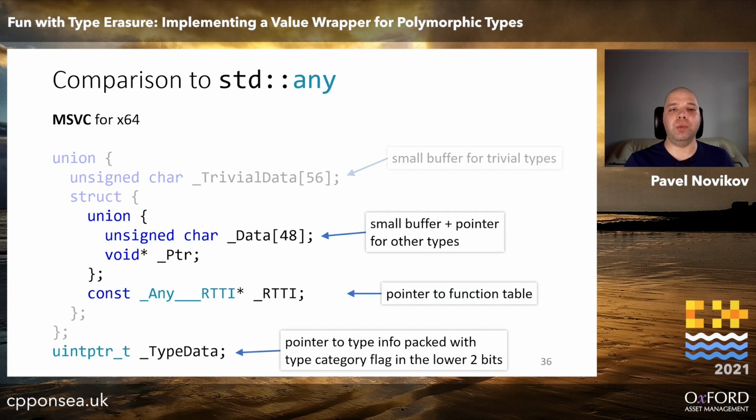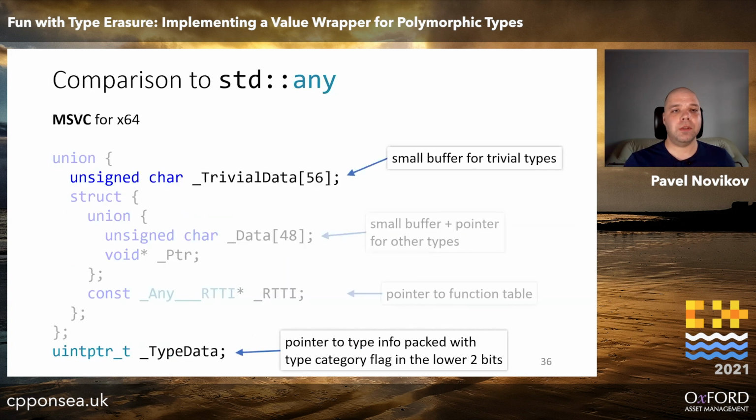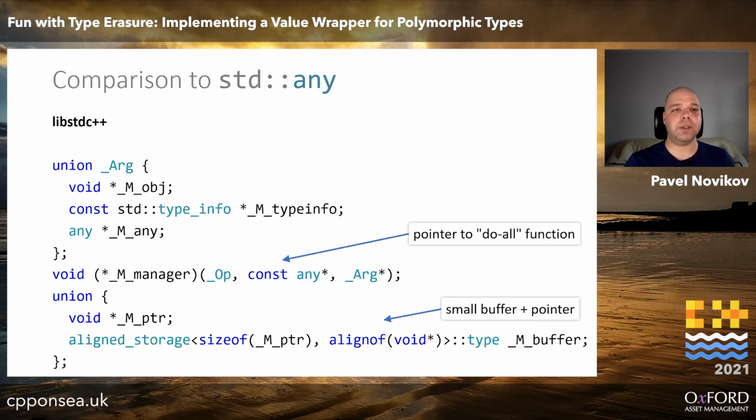For small objects, it is populated with a pointer to the table for small objects, and analogously for bigger objects.